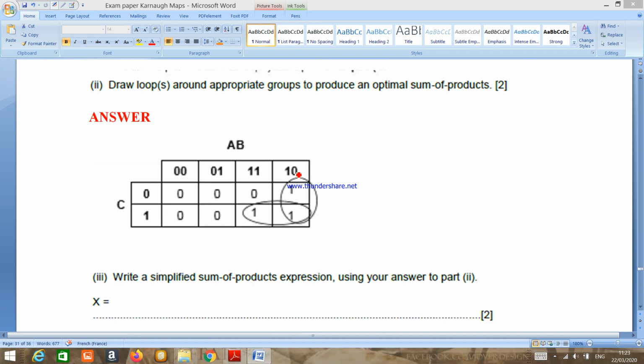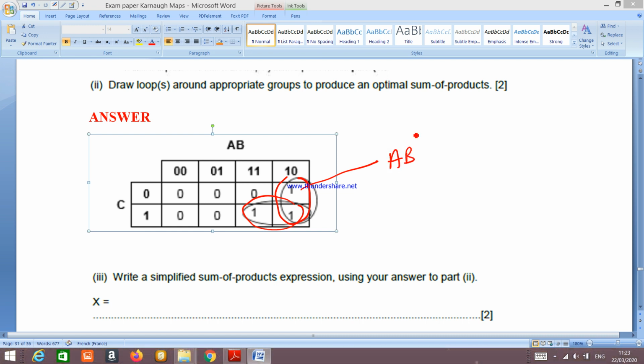This we can form two groups, one group and two group. The first group, let's say this is A, B dash, C dash, and the second one A, B dash, C. What cancels is C. What is left is A, B dash.